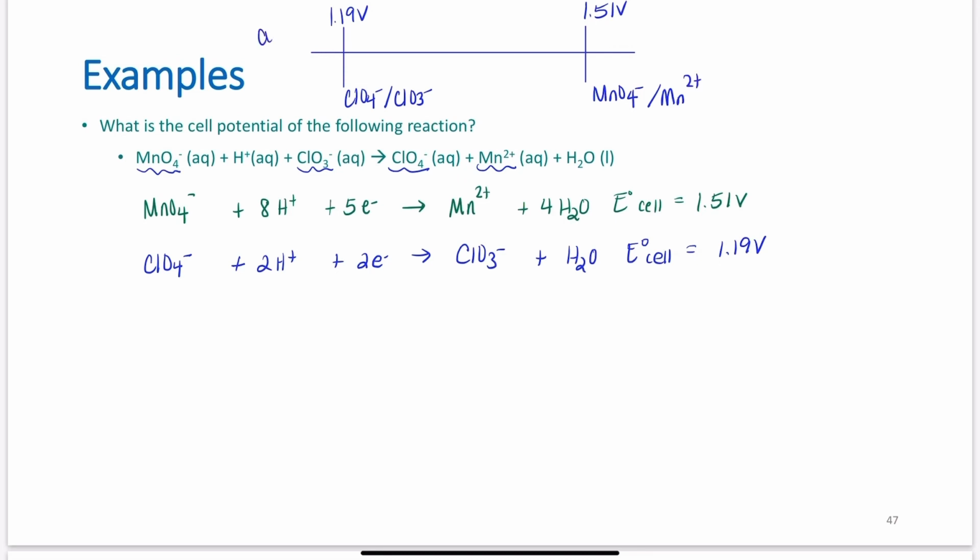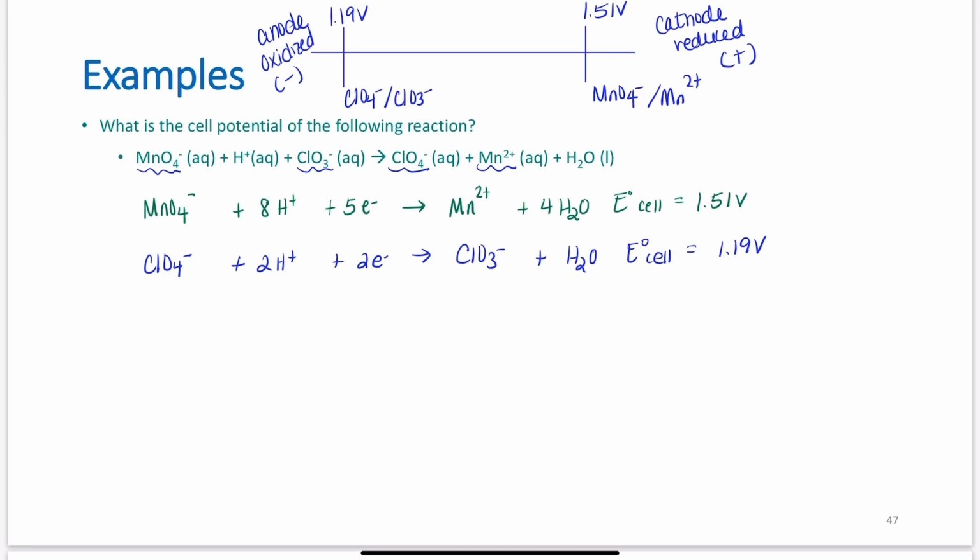This will be my anode. It's going to be oxidized, negative because I've got a galvanic or voltaic cell. This will be my cathode. It's going to be reduced at the positive terminal because it is a voltaic cell.